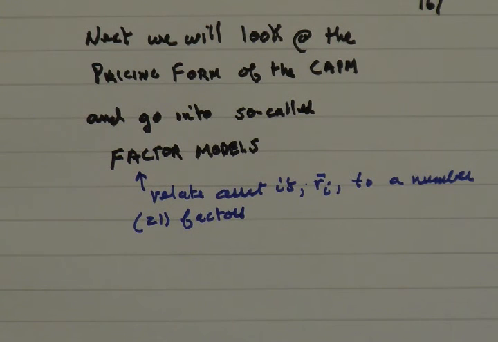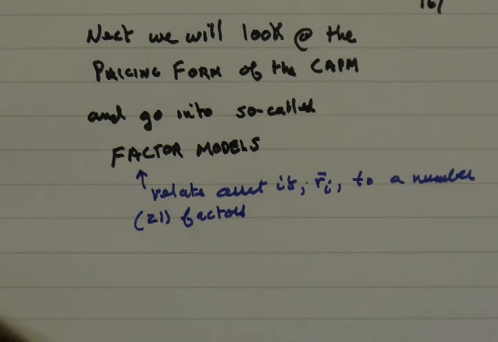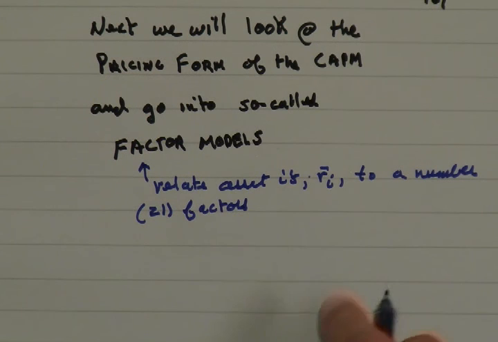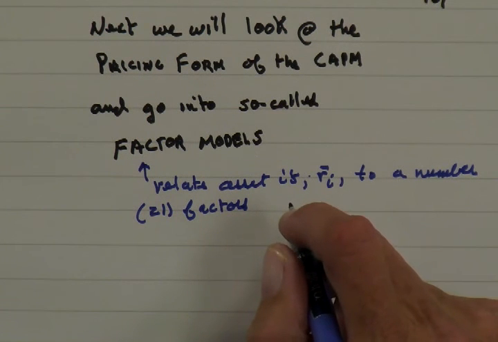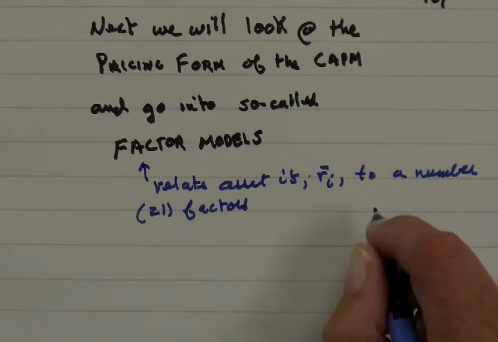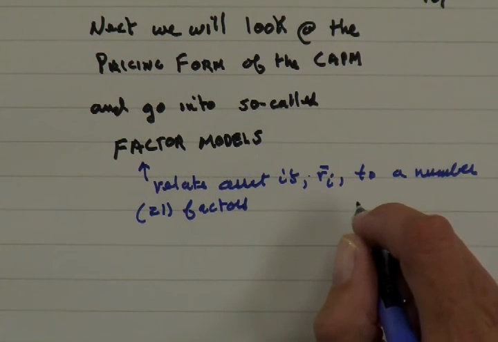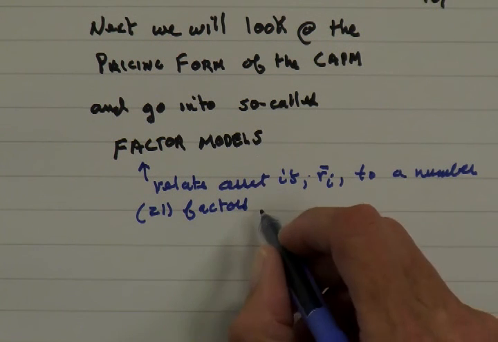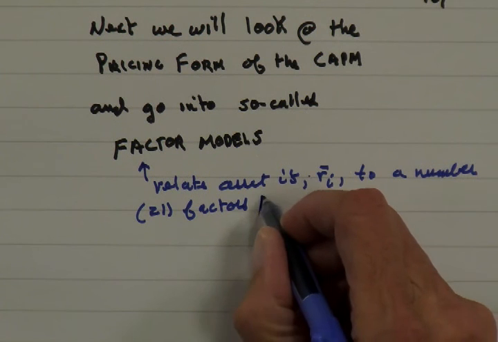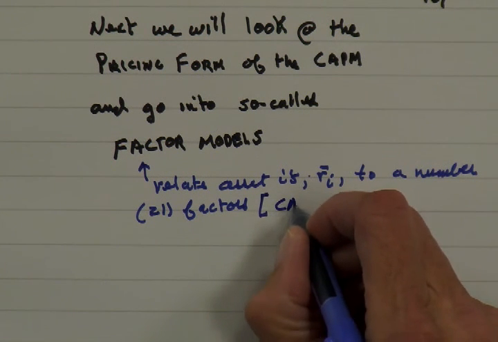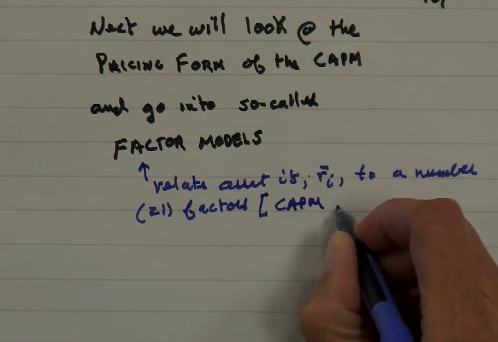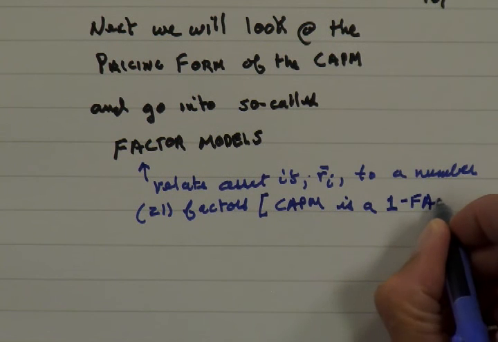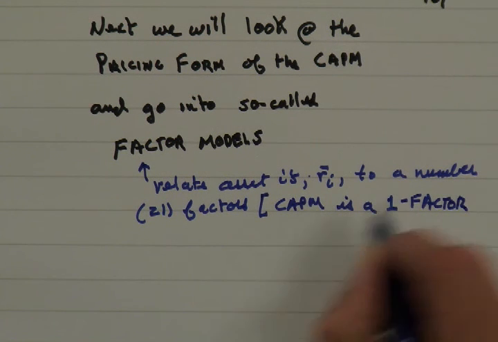The CAP-M model is a one-factor model where the factor is the market portfolio. Or they can be things that relate specifically to the asset, like the price-earnings ratio. The CAP-M is a one-factor or single-factor model.